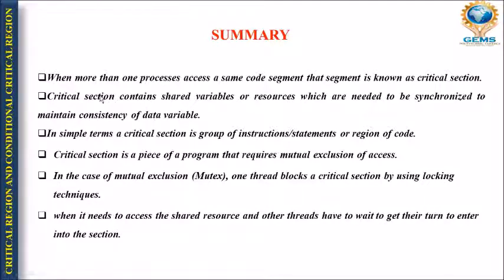That is very important. That is why we are using the critical section, because whenever we are using the same piece of code with two variables or two processes, it must have the data consistent, right?